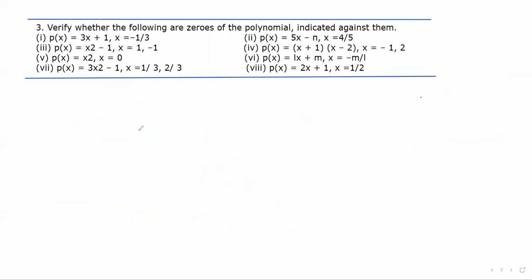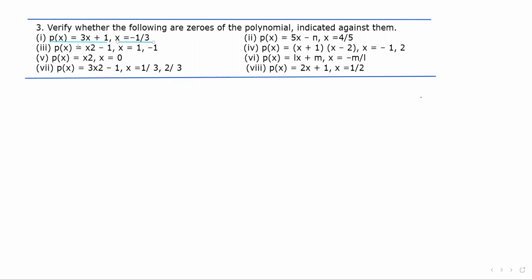Next, verify whether the following are zeros of the polynomial indicated against them. This means that your first is an expression and this is the value of x. We have to check whether minus 1 by 3 is the zero of P of x. If you substitute x equals minus 1 by 3 in P of x, you should get a 0.